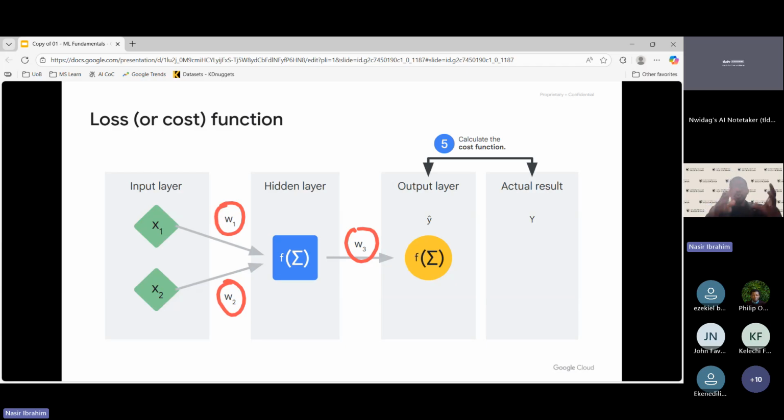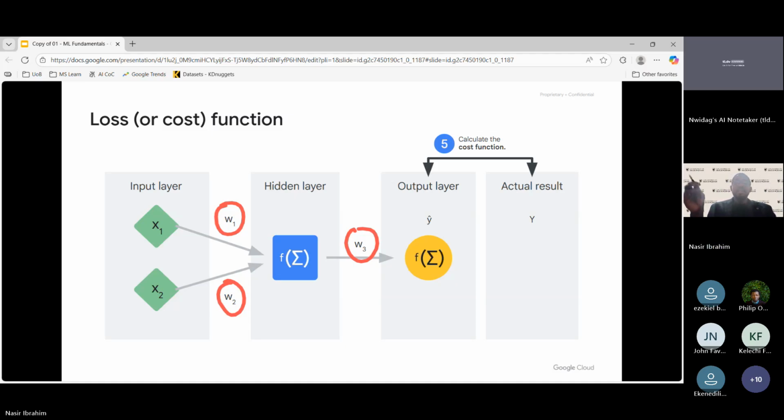Shouldn't we tune the weights so that we get a better performance? Because in addition to the activation function being a parameter, the weights also are parameters which are determined during training. And depending on the values of the weights, your performance is going to be different.